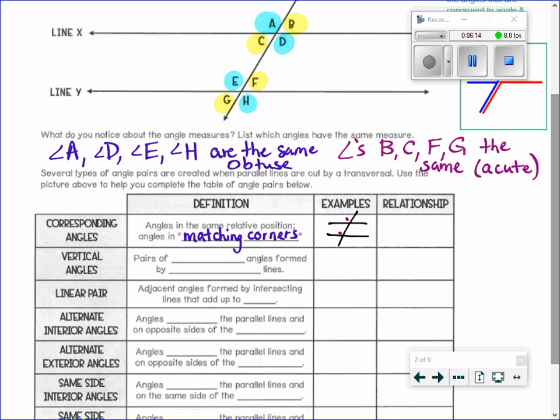There are 4 different corresponding angles. I could have also had this top right match this top right. You can either do a dot, which I normally do in a different color, or if you're using a pencil, you can make a different type of mark to show it's a match. And then the bottom left matches the bottom left.